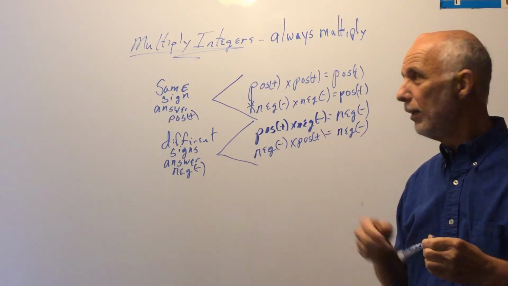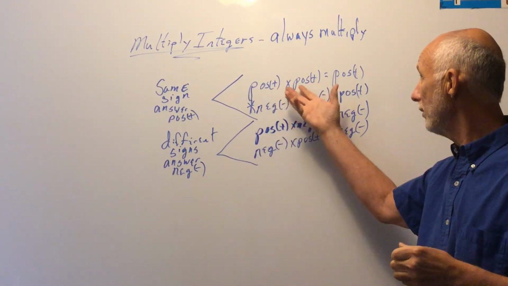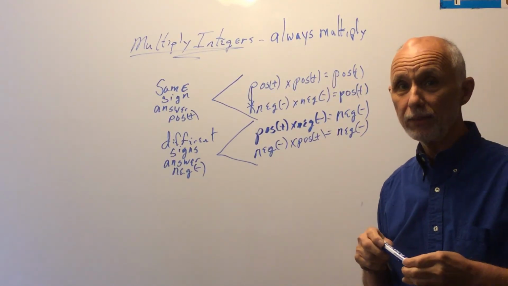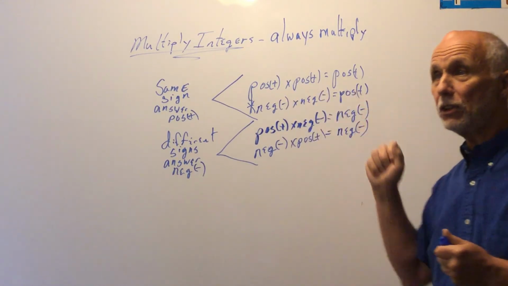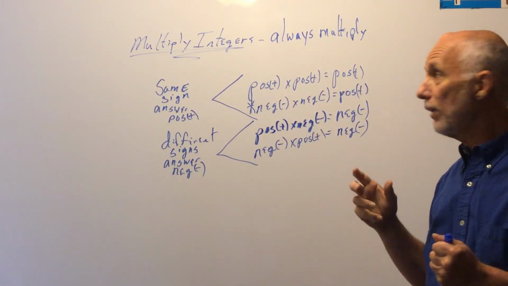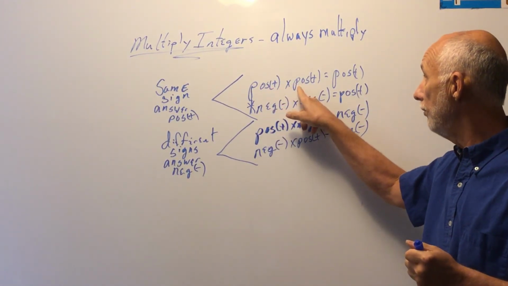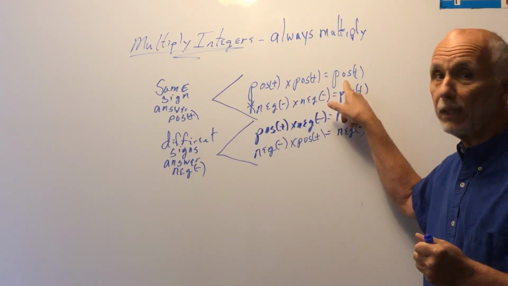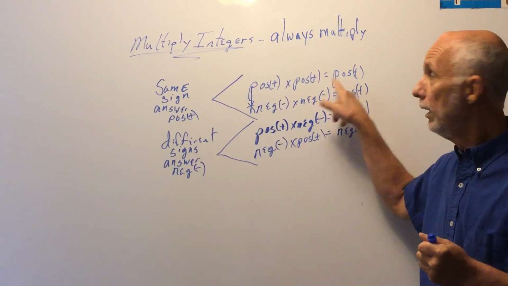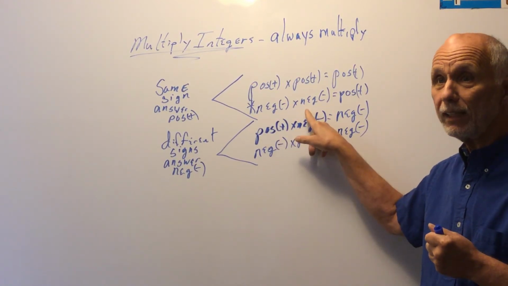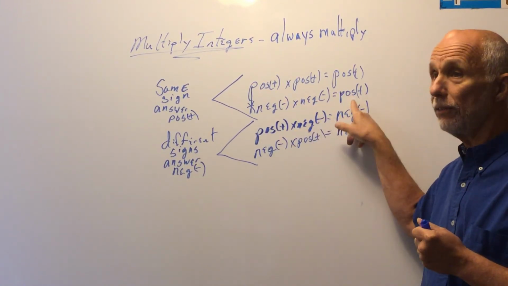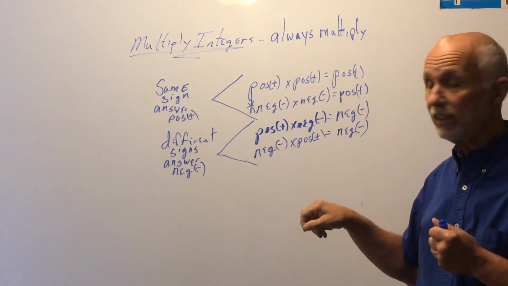I said, okay, but how does that tell you that a positive times a positive is a positive, and a negative times a negative is a positive? And she said, it's easy, think about this. If you love to love, you're gonna love because you love it. And if you hate to hate, you're going to love because you hate to hate.